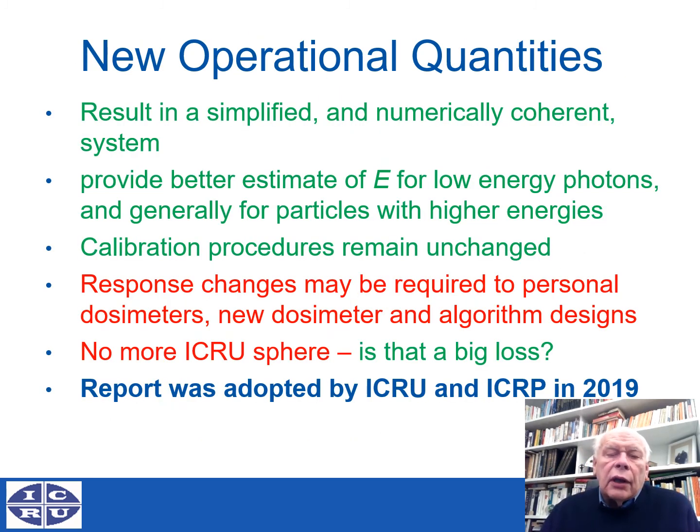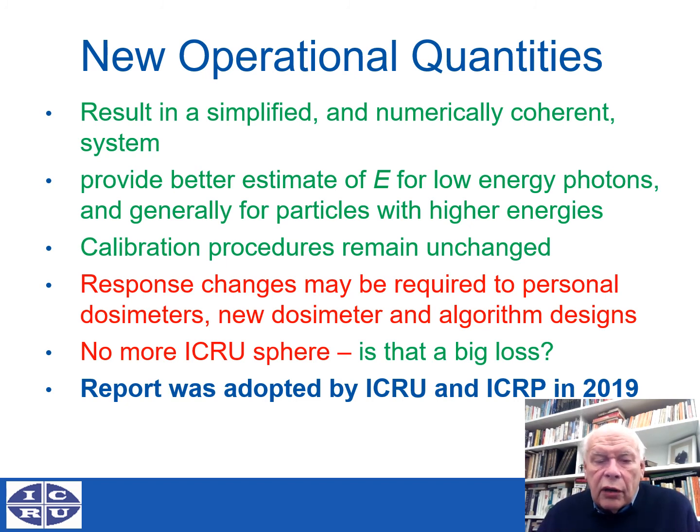So finally, to sum up, the new operational quantities result in a simplified and numerically coherent system. They provide a better estimate of effective dose for low energy photons, but also for high energy particles. The calibration procedures remain unchanged.